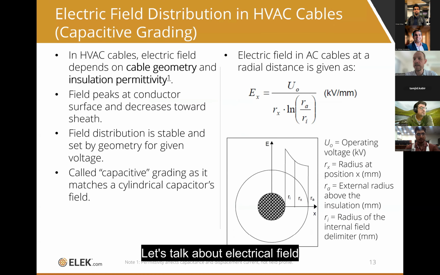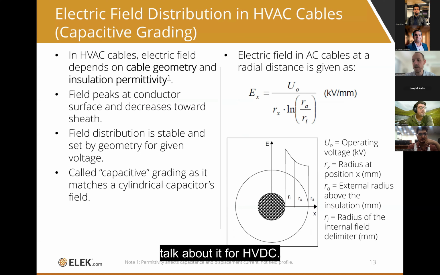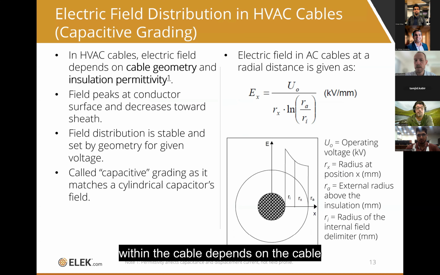Let's talk about electrical field distribution in HVAC cables, and then we'll talk about it for HVDC. It's important to understand the difference. So for HVAC cables, the electric field within the cable depends on the cable geometry and the insulation permittivity.